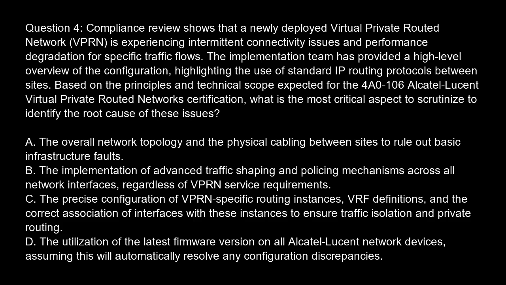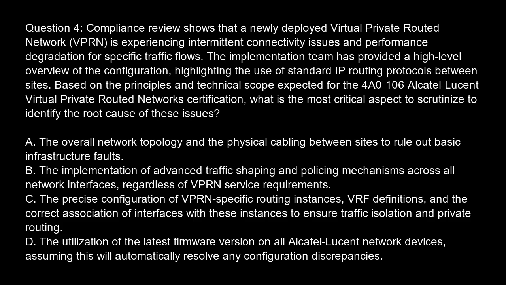Option A. The overall network topology and the physical cabling between sites to rule out basic infrastructure faults. Option B. The implementation of advanced traffic shaping and policing mechanisms across all network interfaces, regardless of VPRN service requirements.